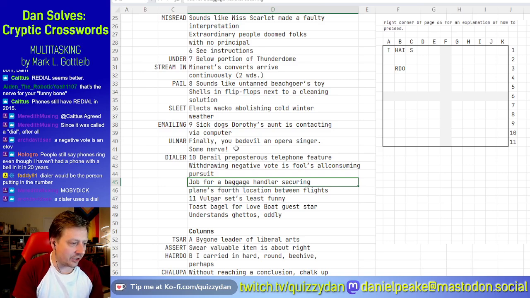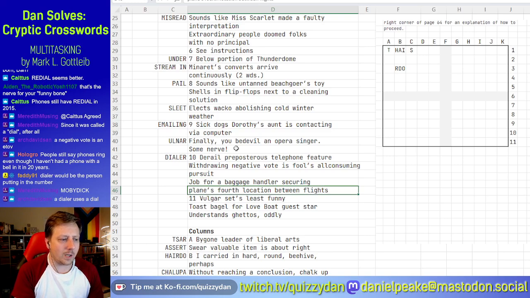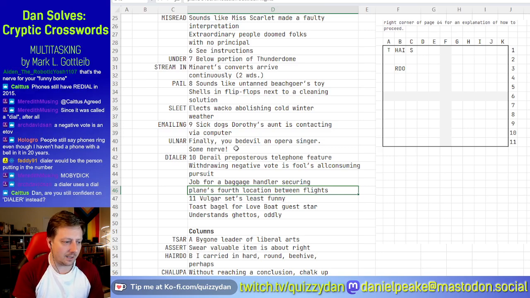Job for a baggage handler, securing plane's 4th location between flights. So plane's 4th is N. Job for a baggage handler. Well, that's going to be handling baggage. Between flights, 4th location between flights.